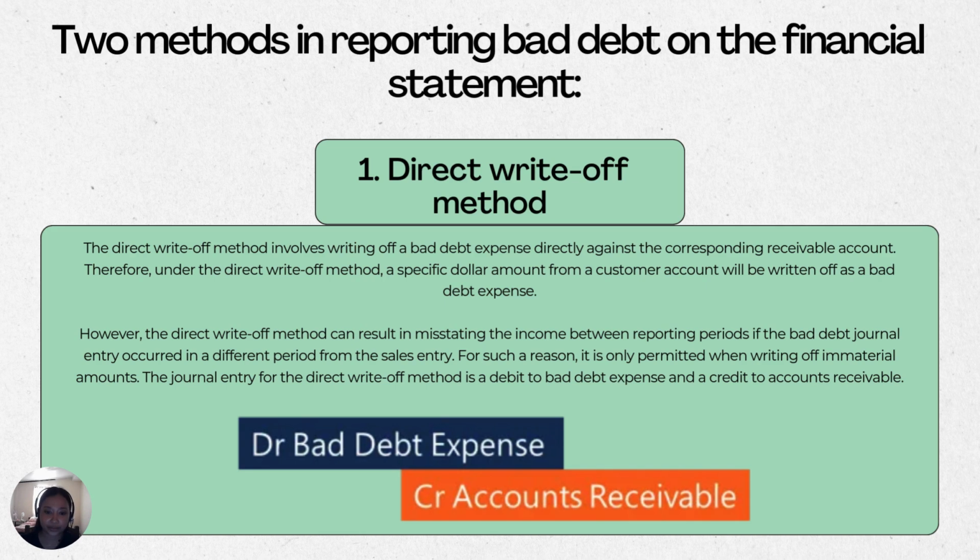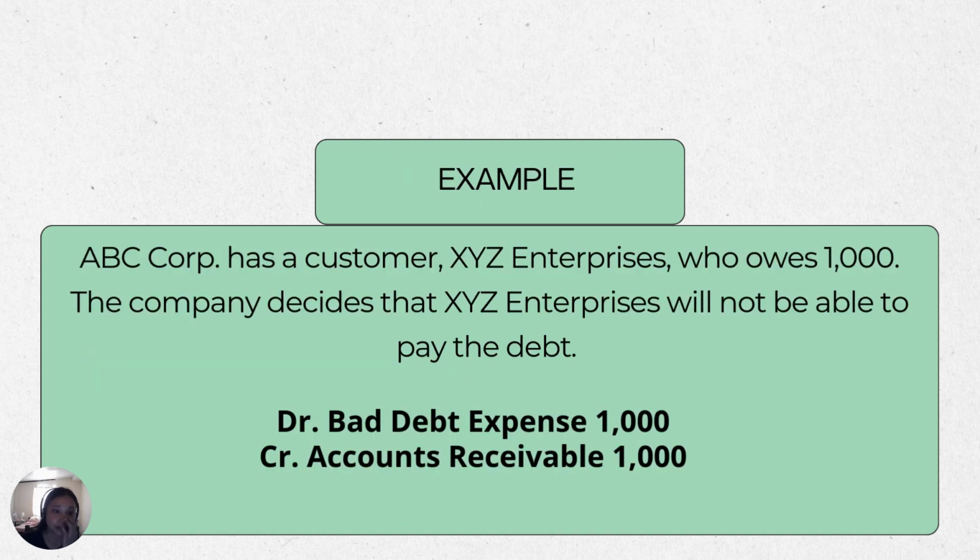To further understand the direct write-off method, we have here an example. ABC Corp has a customer, XYZ Enterprises, who owes 1,000 pesos. The company decides that XYZ Enterprises will not be able to pay the debt.